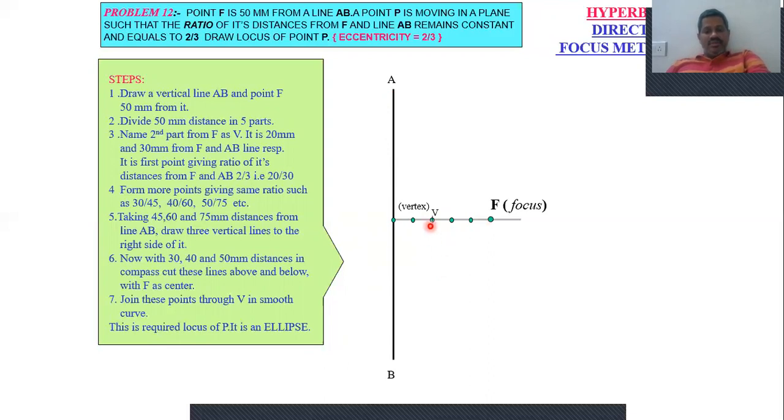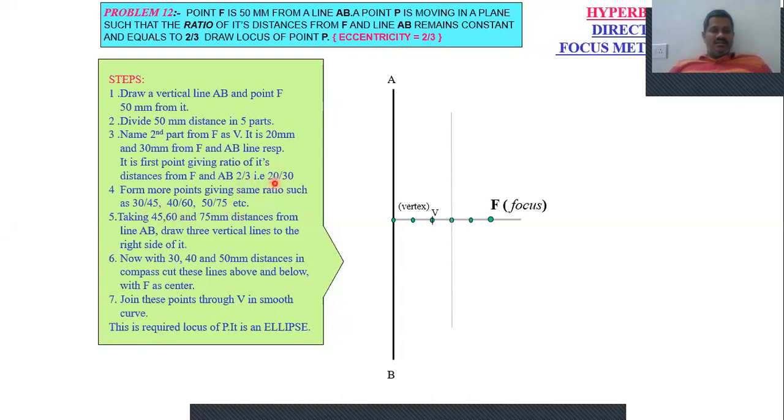Then draw vertical lines at convenient distances. Draw a vertical line like this first. The eccentricity is 2/3, so the multiples of 2/3 are 20/30, then 30/45, 40/60, 50/75, and so on.